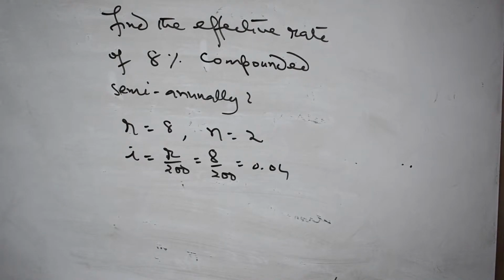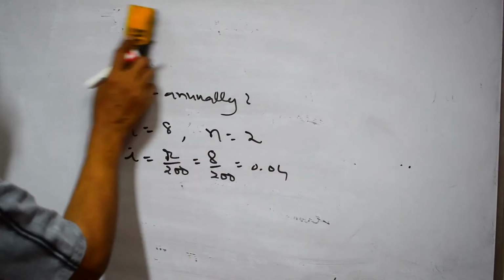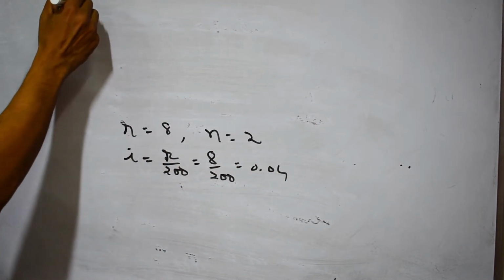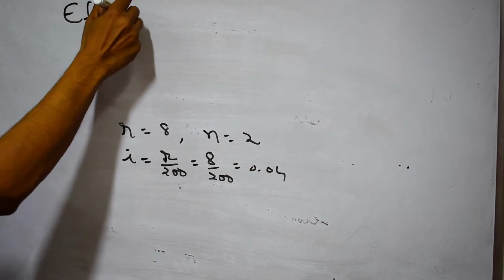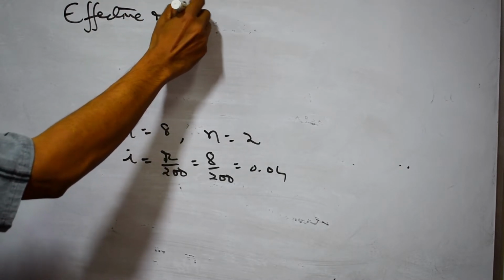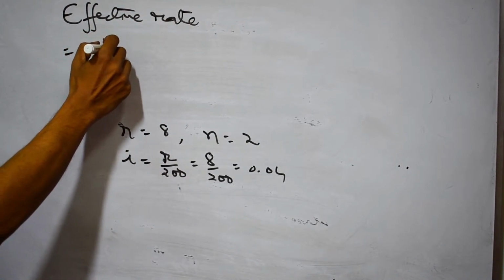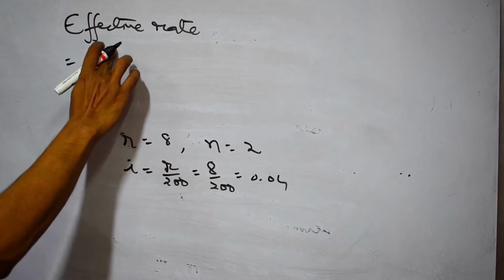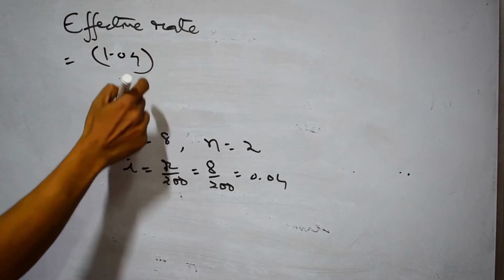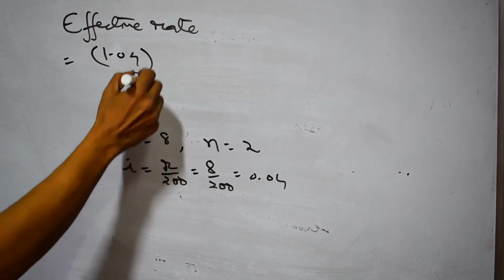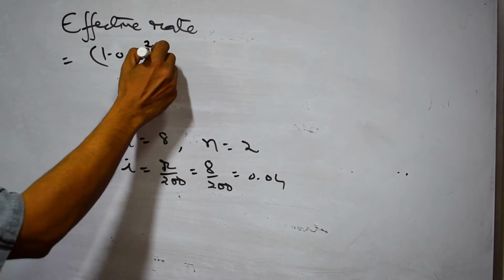So according to this formula, effective rate is 1.04, that is 1 plus R by 200 whole to the power 2 minus 1.